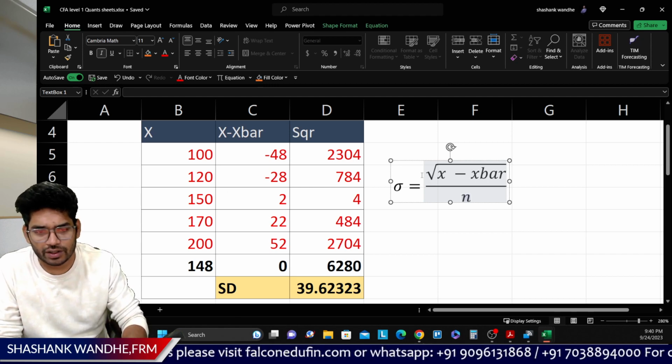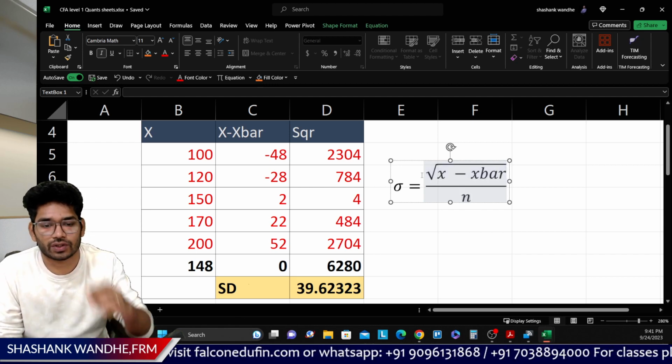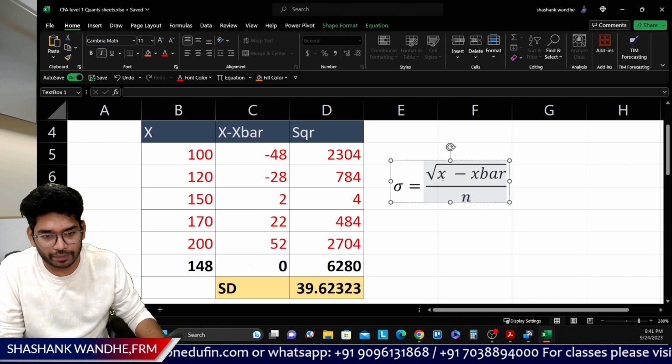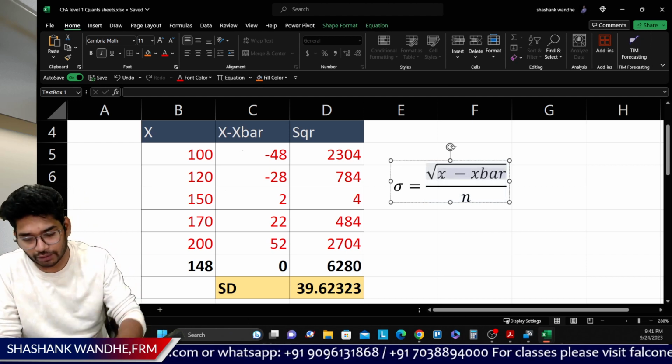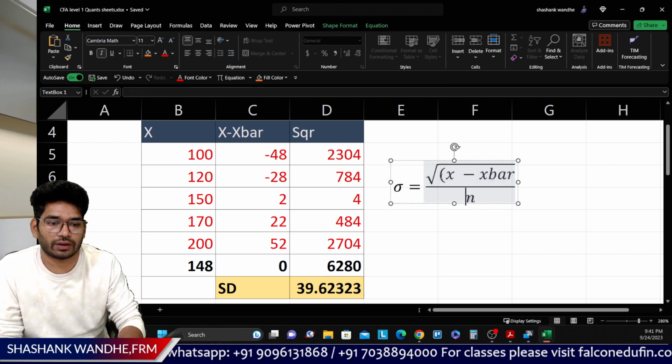Okay, so formula is not looking very appropriate, so the root is complete. Okay, so remember, root is for whole term and not just for this.